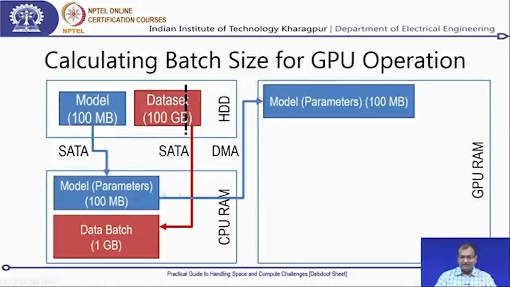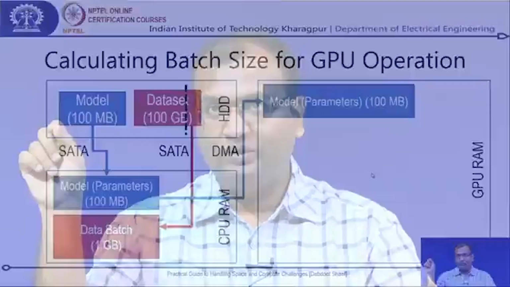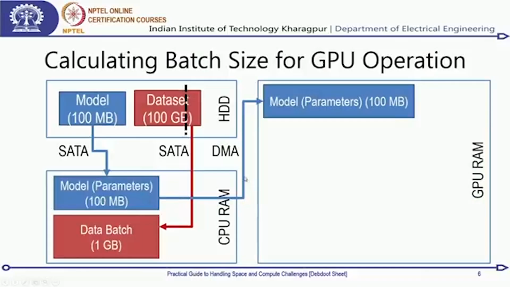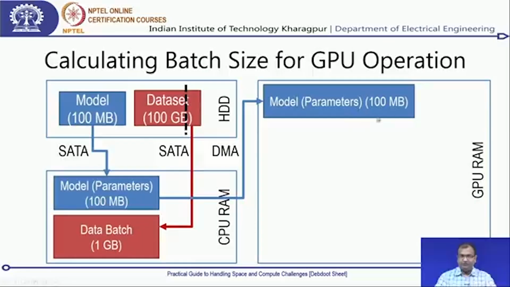And then when I do a net.cuda, which is my typecasting, this typecasting operator copies all of these onto my GPU memory. It will also take the same amount of space, and this copy is via a DMA transfer, which is much faster than a SATA transfer.